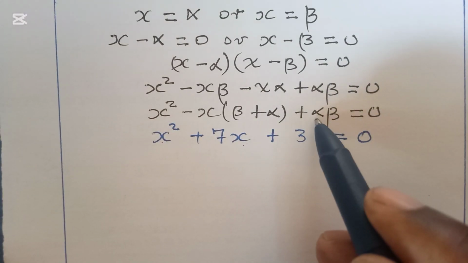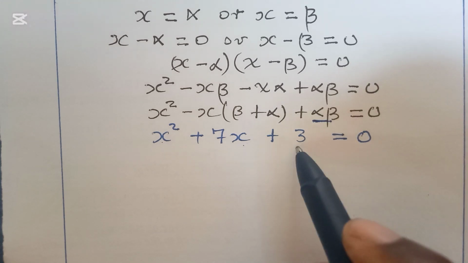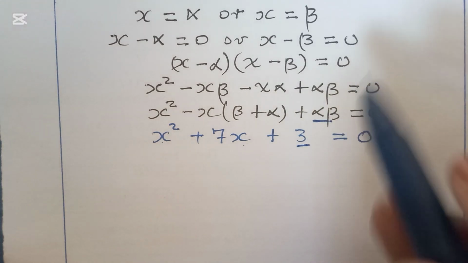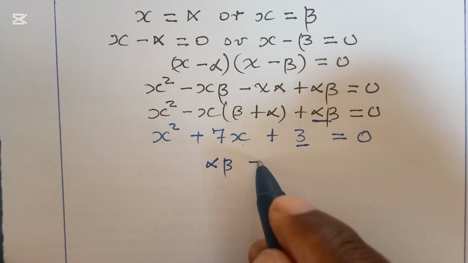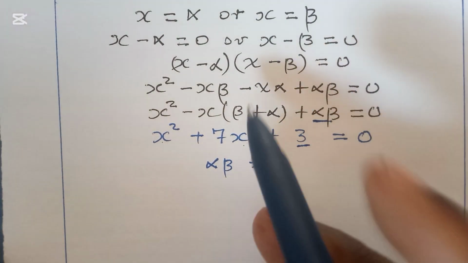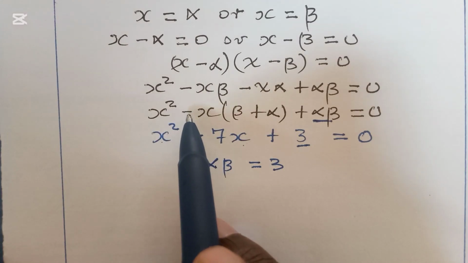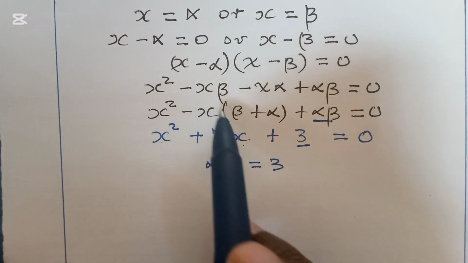For alpha and beta, this should be 3, so I can write here alpha beta equals 3. Then I come to this other one. Guys, we take into consideration the negative.